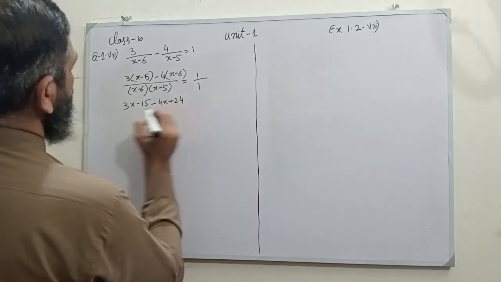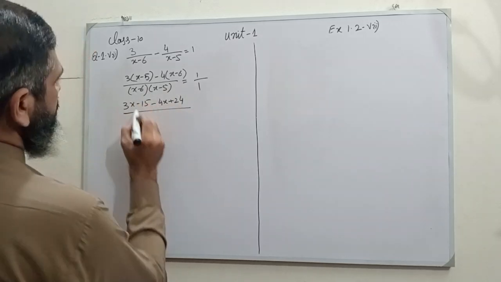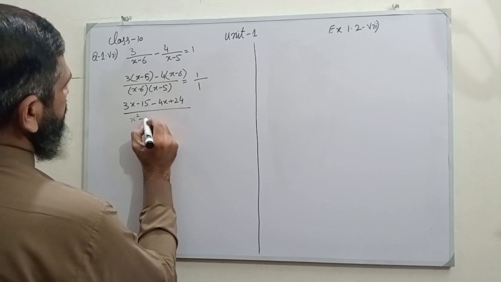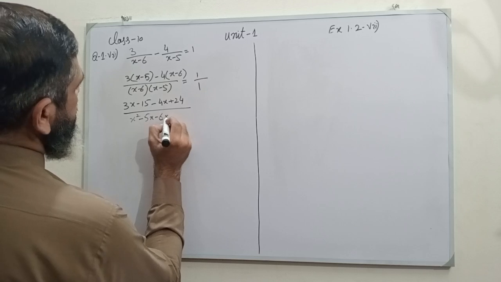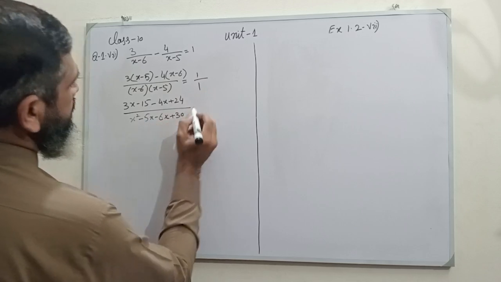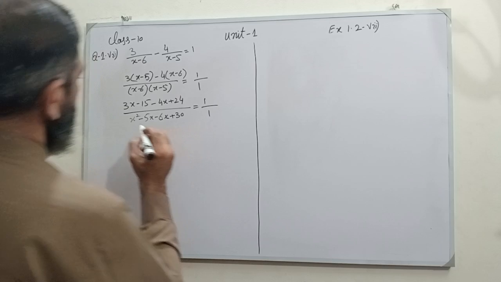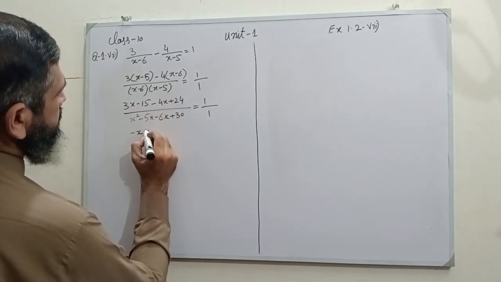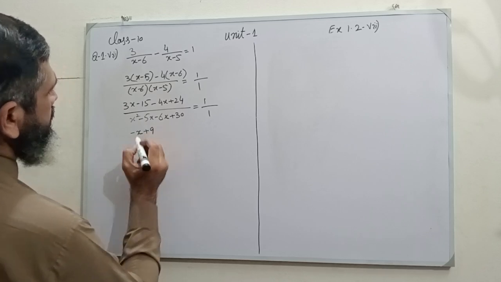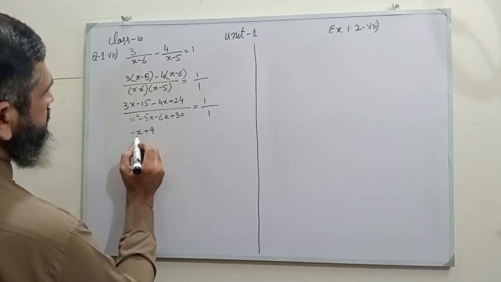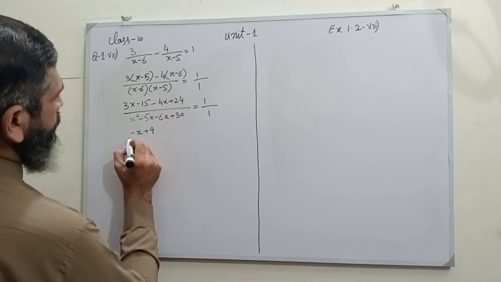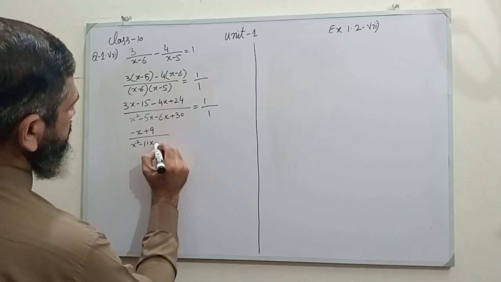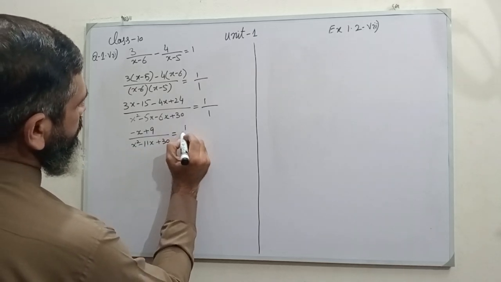plus 24 divided by multiply here x square minus 5x minus 6x plus 30 is equal to 1 over 1. Here it will be minus x plus 9 over x square minus 11x plus 30 is equal to 1 over 1.